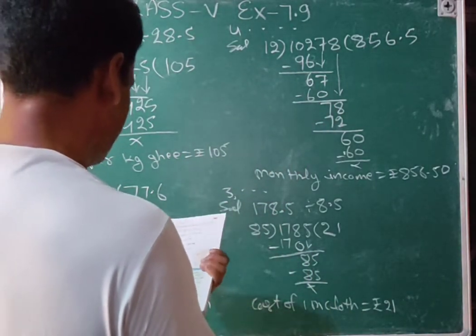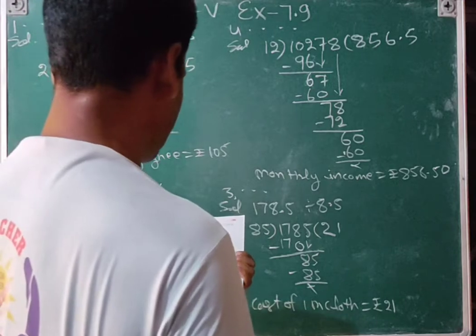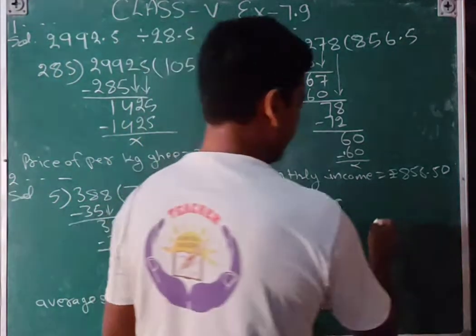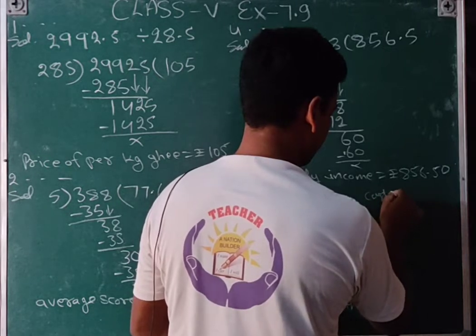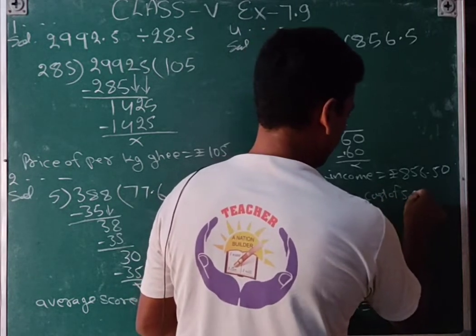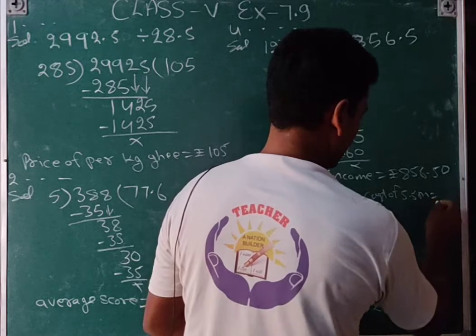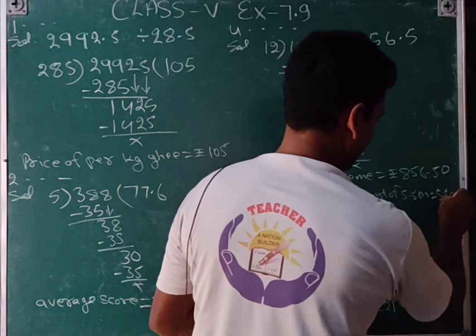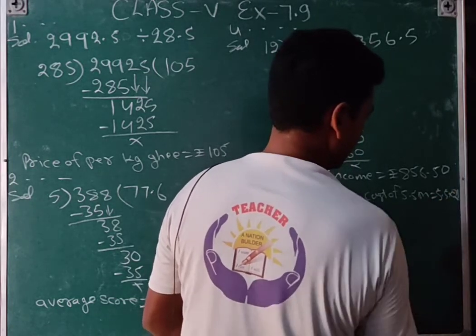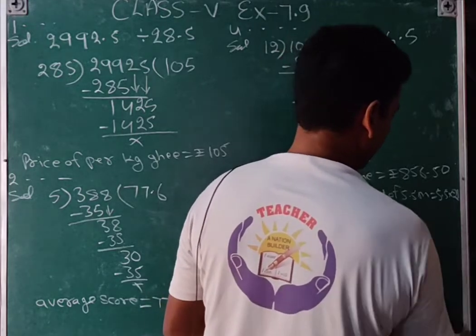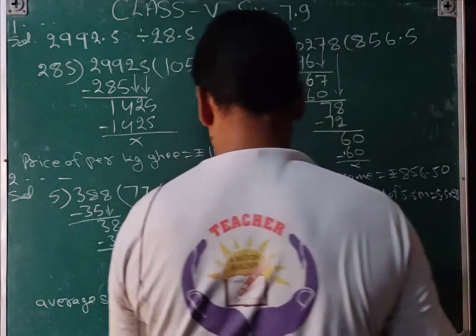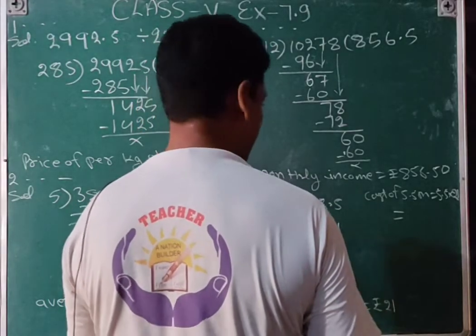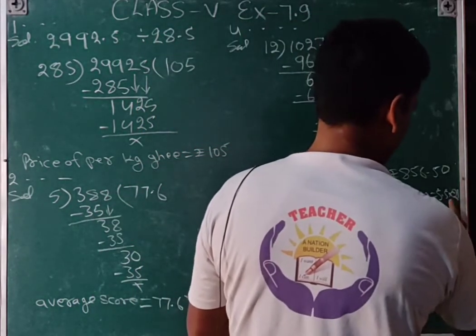And then find the cost of 5.5 meter of cloth. So we will see here. So the cost of 5.5 meter is equal to 5.5 multiplied by 21.